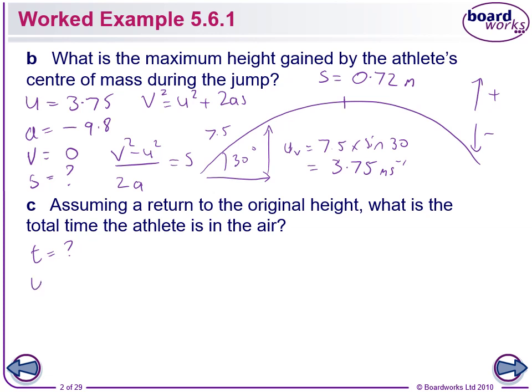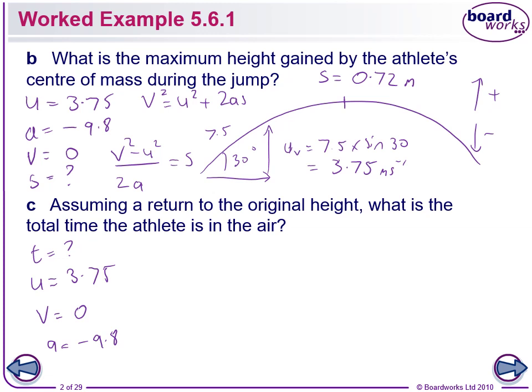We know U. Let's still use that stuff from last time. We know V. And we know S. Oh, actually, no, we don't worry about S because we have A. So this is just for the first half of the flight, in the vertical plane again.